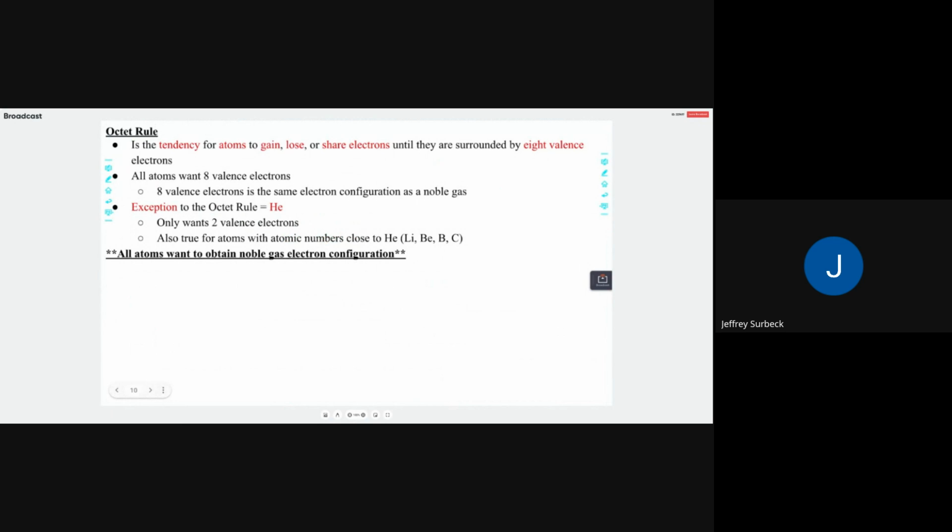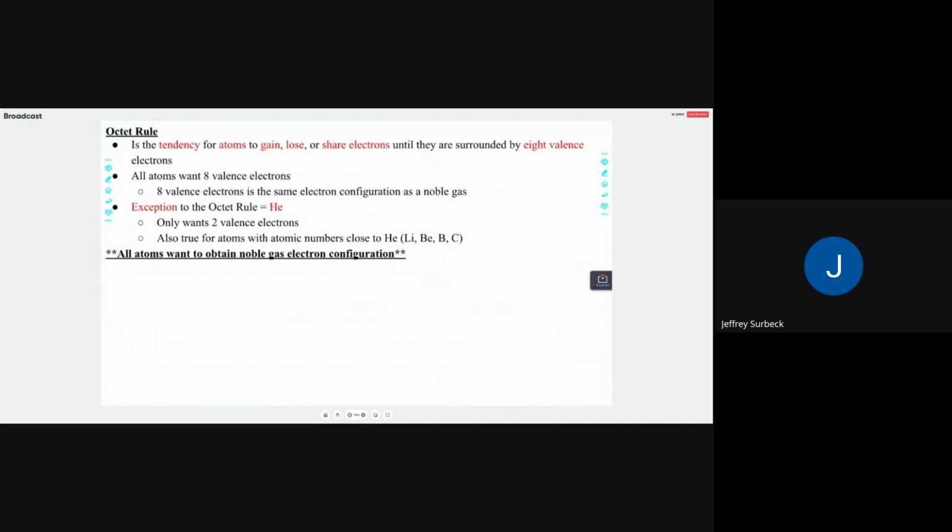And so we get to our octet rule. And so that's this: atoms are going to gain, lose, or share electrons in order to get to those 8 valence electrons. The exception to this rule is helium. Helium only owns 2 valence electrons, same thing with hydrogen, that group 1 there.